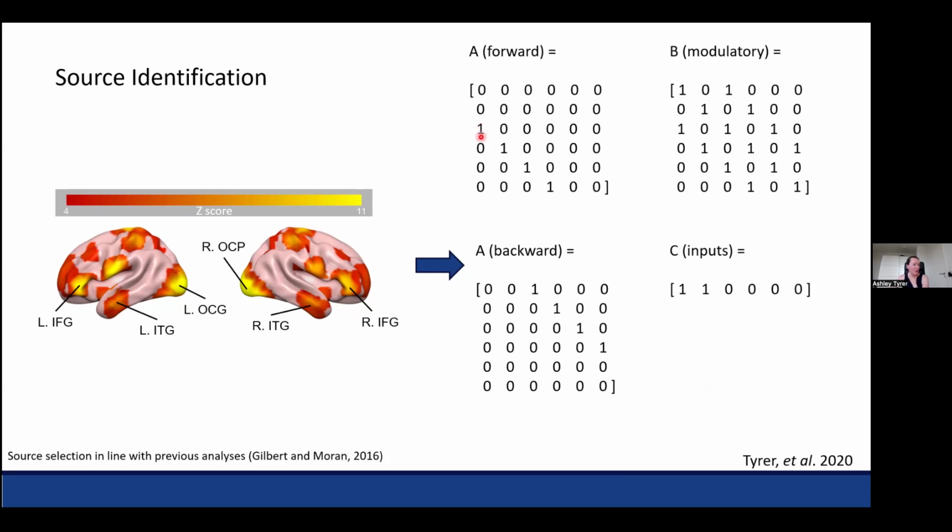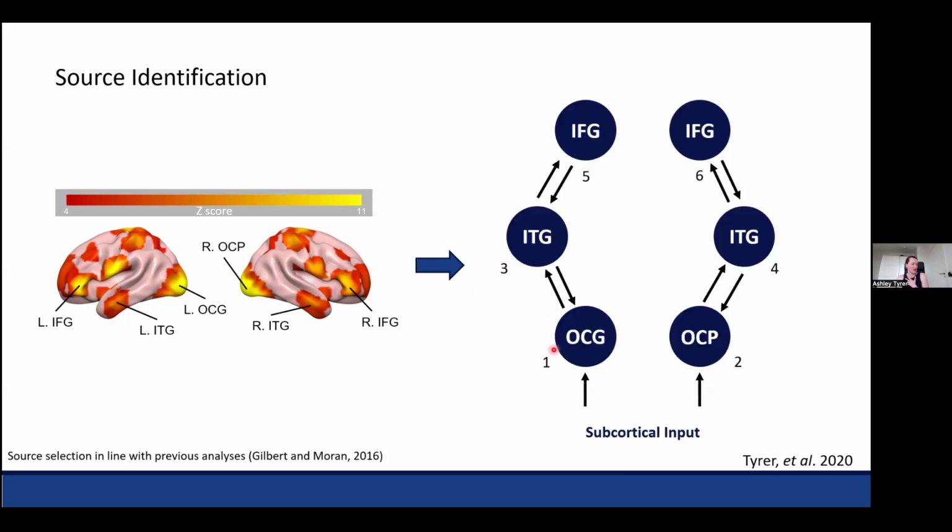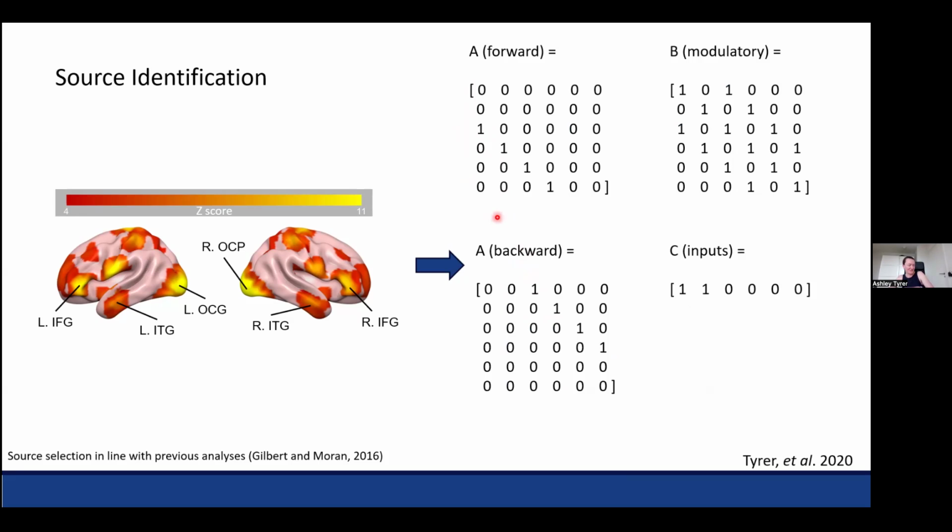So we can see we have a 1 here in the first column and the third row, which means that we're defining a forward connection from region number 1 to region number 3. So if I go back, region number 1 is the left occipital gyrus, and region number 3 is the left inferior temporal gyrus. So that is us defining this forward connection here from the left occipital gyrus to region number 3, the left inferior temporal gyrus. I hope that makes sense.